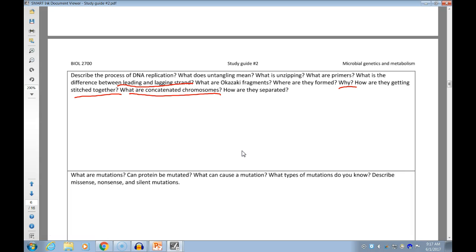Mutations are changes in the DNA or RNA. Can protein be mutated? No. What can cause the mutation? It can be chemical. That's what I refer to in the table. So we have nitrous acid or different nitrous compounds.